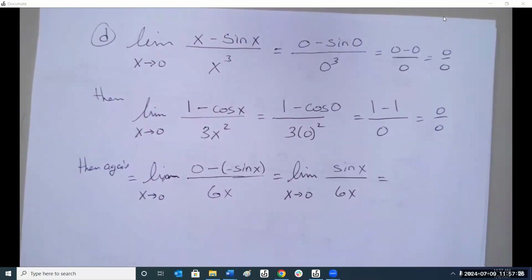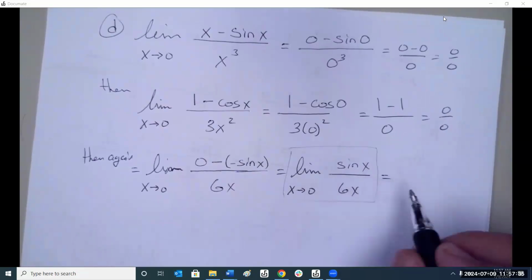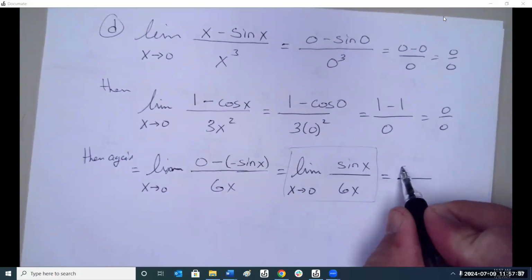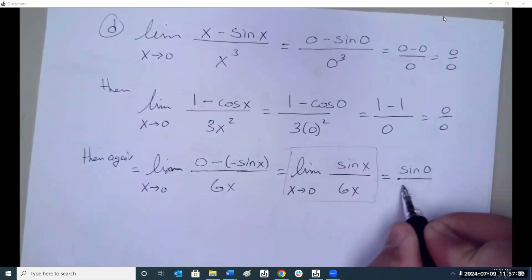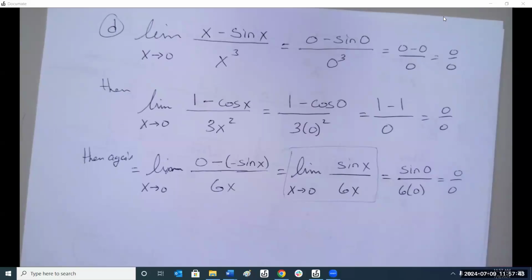We could finish here, but I'll show you why. I'm going to put a box here. If we put in 0, we get sine of 0. 6 times 0 is 0 over 0. So it's indeterminate again.